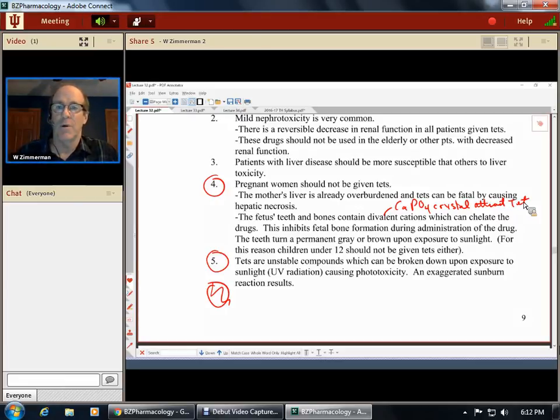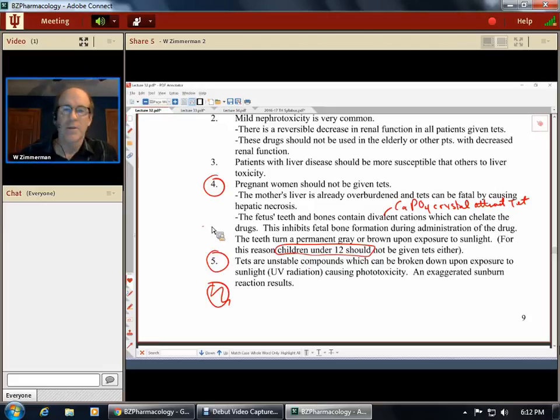And that'll inhibit fetal bone formation. In addition, just in a pediatric situation, the teeth will turn a permanent gray when they get exposure to sunlight. So we don't use these in children, really, I say under 12, but really even under 14. You want those teeth to be well formed.